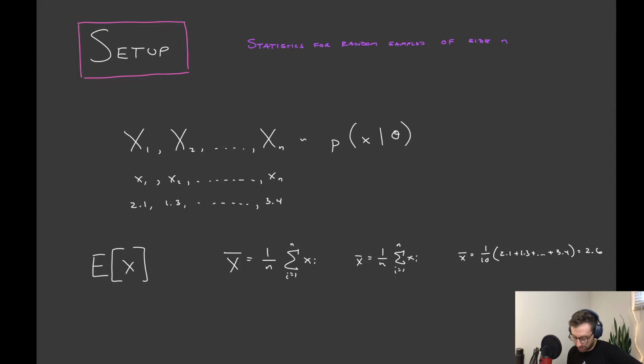So first we see these random variables. And this notation means that they are IID random variables from some population. And we're using this notation here for the population distribution.